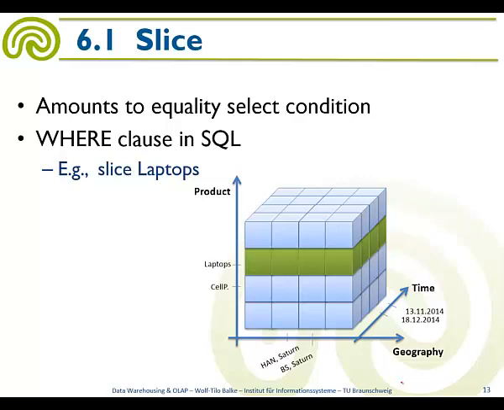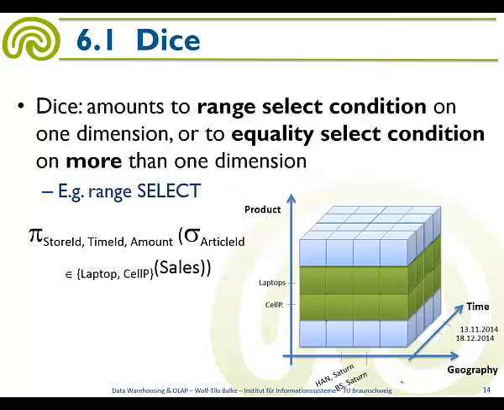So you want all the data between a certain time and a certain time, ranging from the 1st of February to the 1st of May or the 15th of May for some reason, right? So these typical range queries where you take a certain time range or a certain geographic range or a certain range of products or whatever it is. And also for that we have an operation which is called dice.